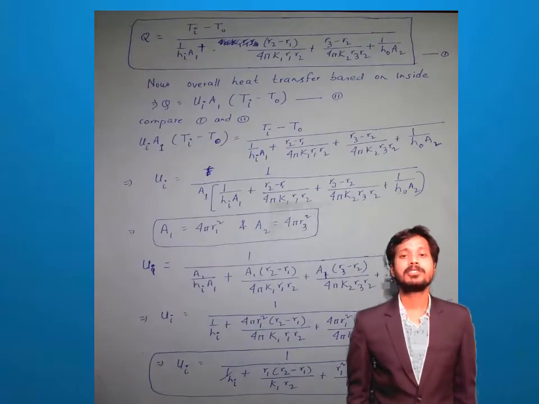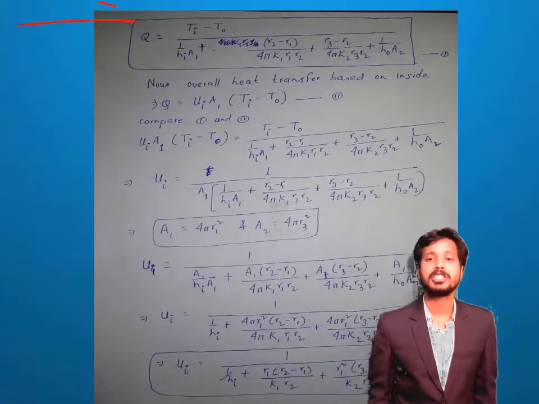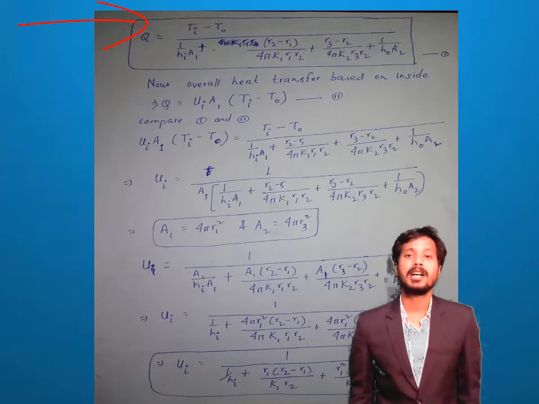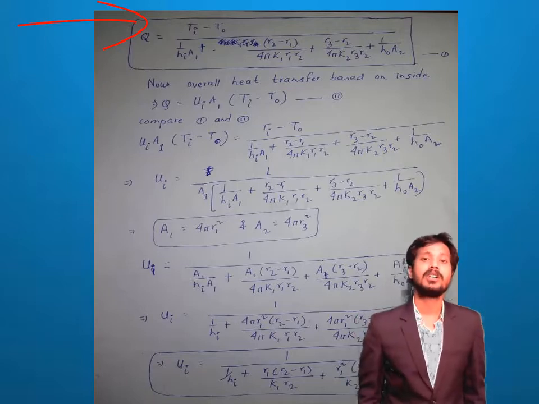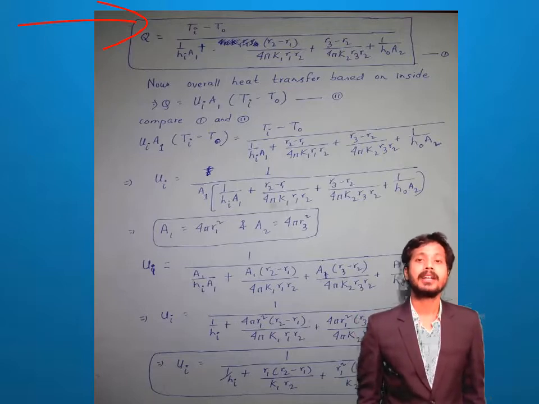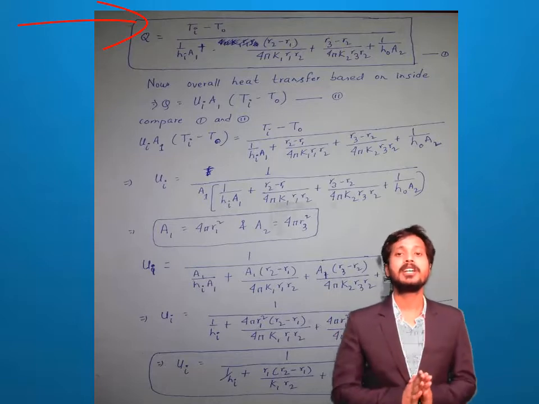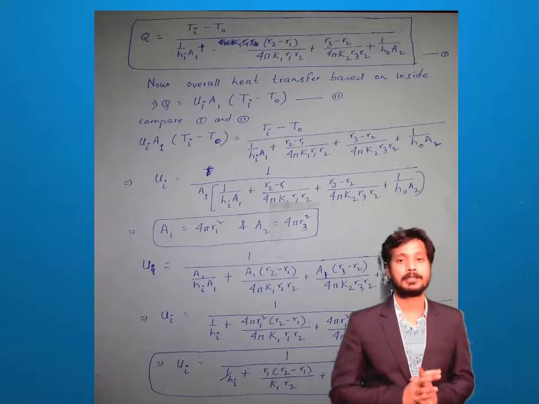So the overall heat transfer Q equals (Ti minus T naught) divided by [1 by Hi A1 plus (R2 minus R1) by 4 pi K1 R1 R2 plus (R3 minus R2) by 4 pi K2 R3 R2 plus 1 by H naught A2]. So this is the amount of heat transfer through a spherical body or sphere product.